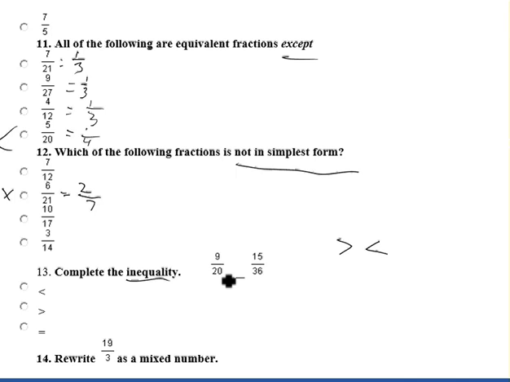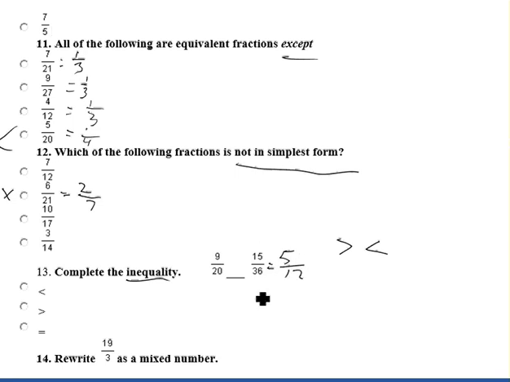So let's simplify it. 3 goes into 15 5 times. And 3 goes into 36 12 times. So I've got 9/20 or 5/12. And that didn't help. I still don't know which is bigger.